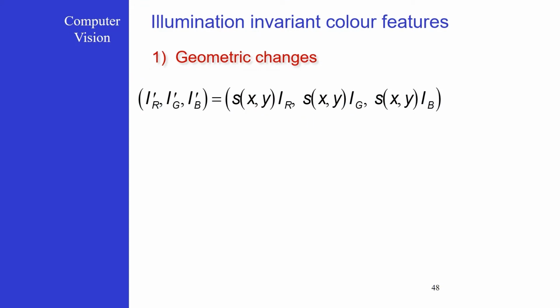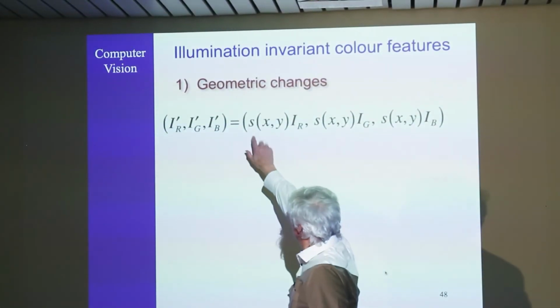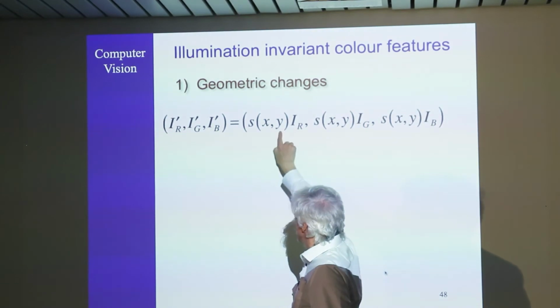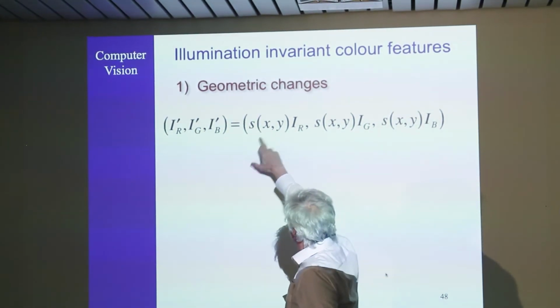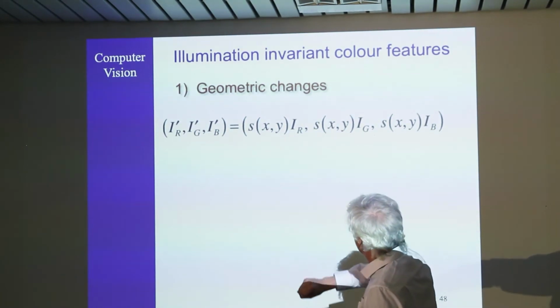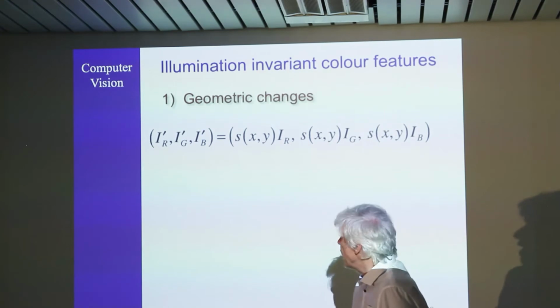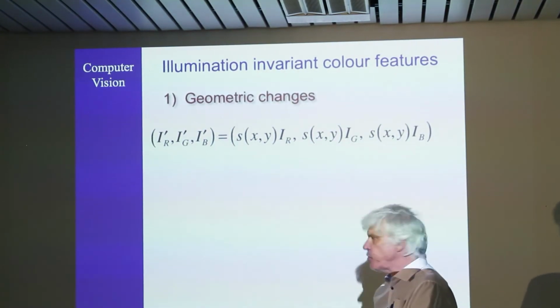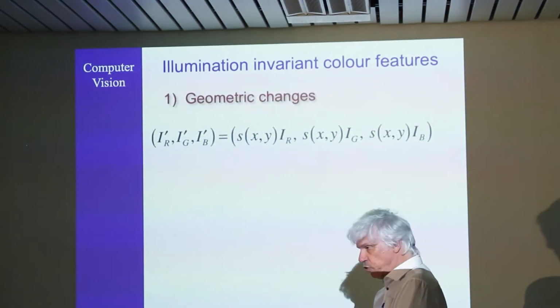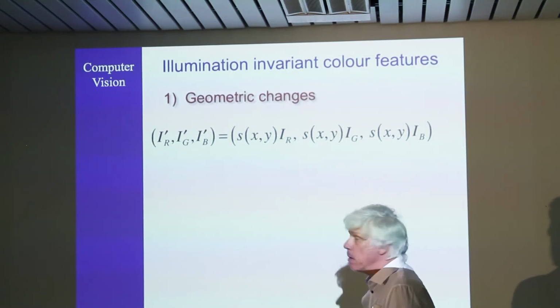If you look at a certain point on the surface, with coordinates x and y on that surface, there is a factor, S, that has to be applied to all spectral bands in the same degree to cater for a change of geometry, that additional or lesser reflection towards the camera.